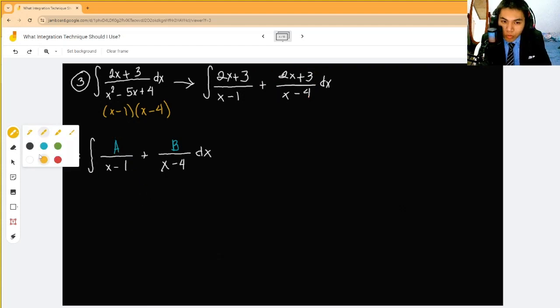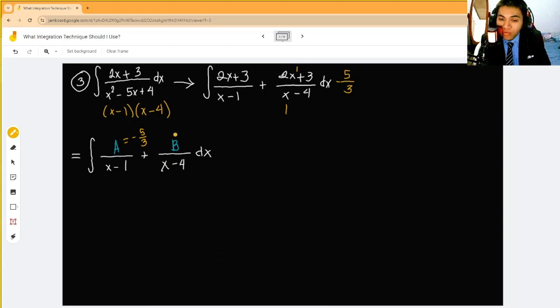So when we plug in 1, 2 times 1 is 2, plus 3 is 5, and then 1 minus 4 is negative 3. So our A is equal to negative 5/3.